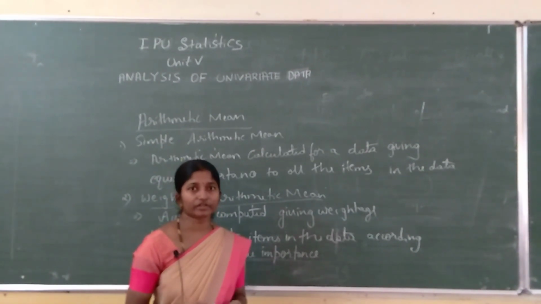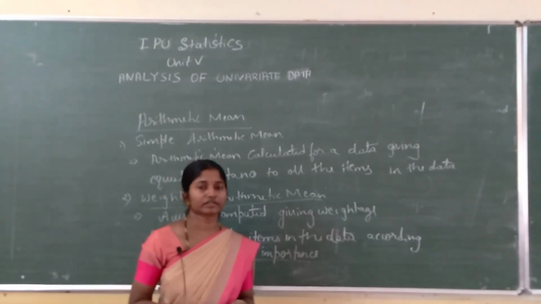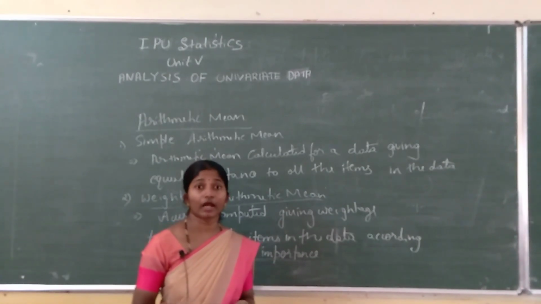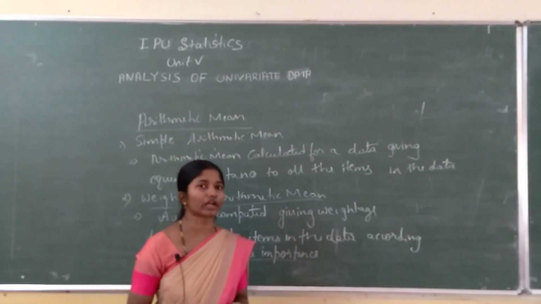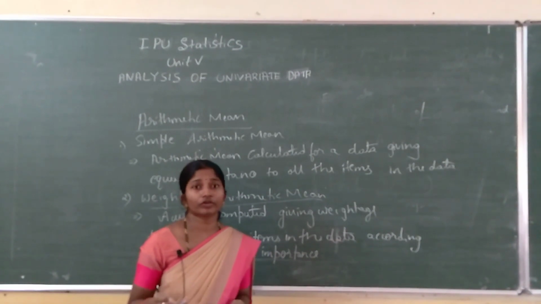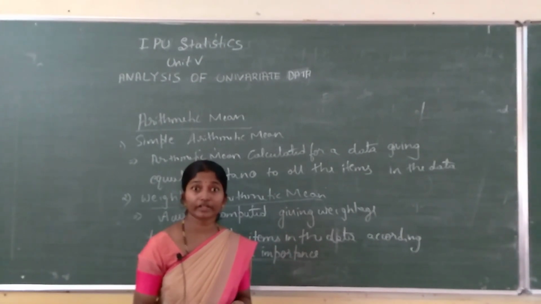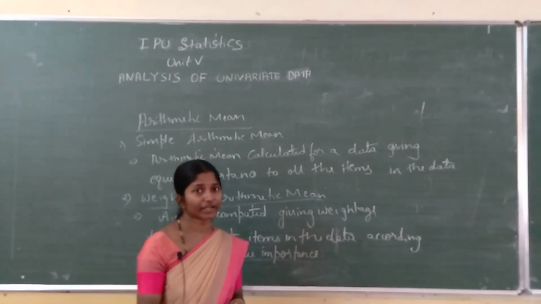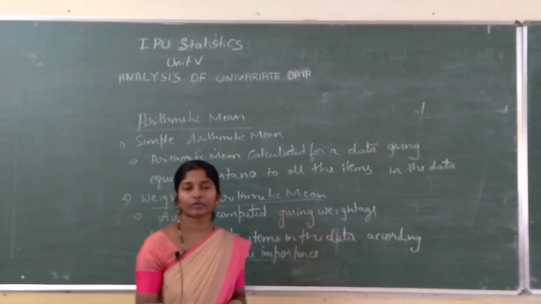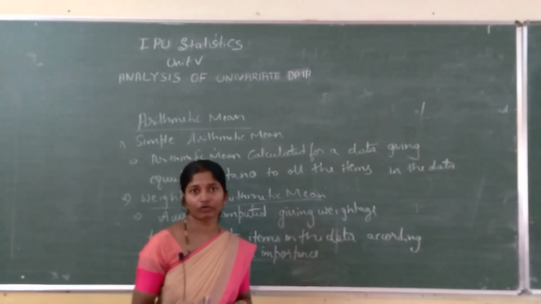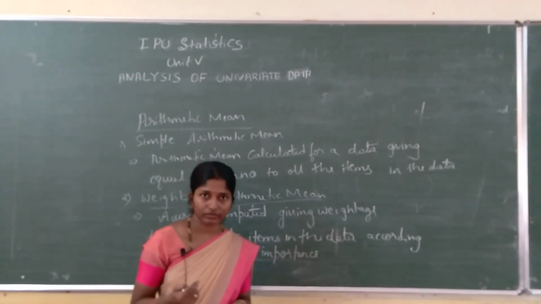For the calculation, we select only important items. We cannot use all the items. That means salt we can use, milk, but no need of taking coffee or tea, because in some homes they are not using coffee or tea.